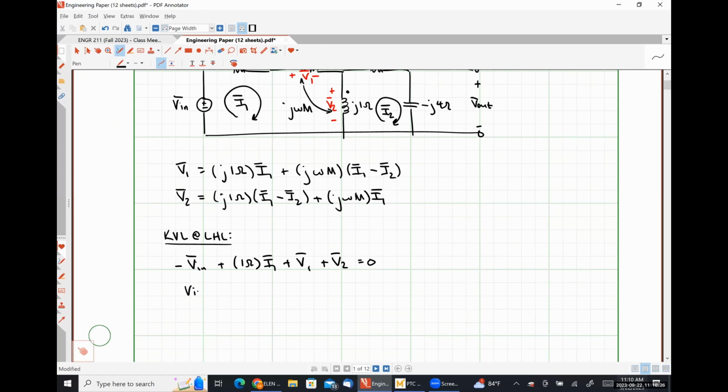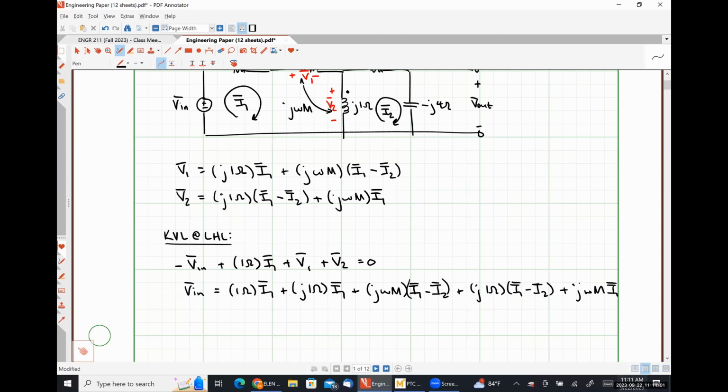So Vn is equal to 1 ohm times I1 plus J1 ohms times I1 plus J omega M times I1 minus I2 plus J1 ohms times I1 minus I2 plus J omega M times I1.